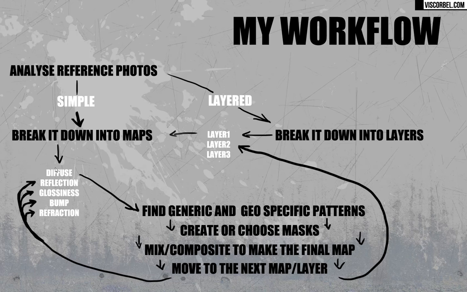So let's say I start with diffuse, I create the map, move on to reflection, create the map, move on to glossiness, create the map, move on to bump, create the map, and so on. Once all the maps are finished, I just go to the next layer and do it all over again. And finally, I mix them together by using the final mask that is used for the V-Ray blend material.